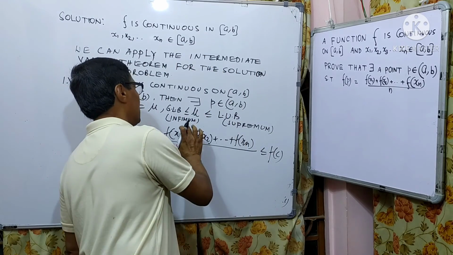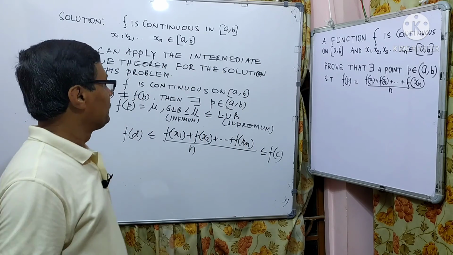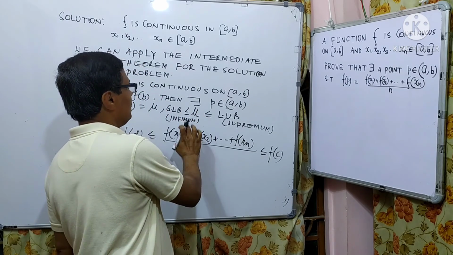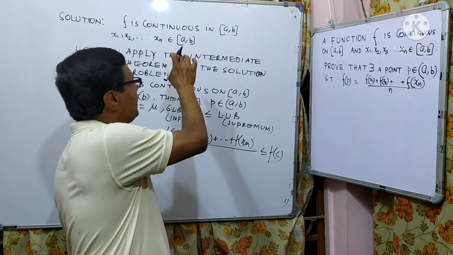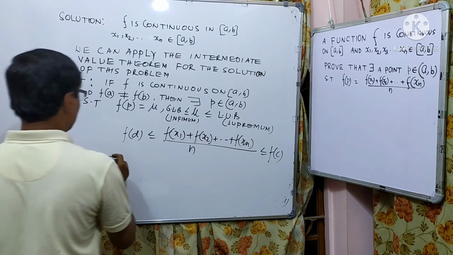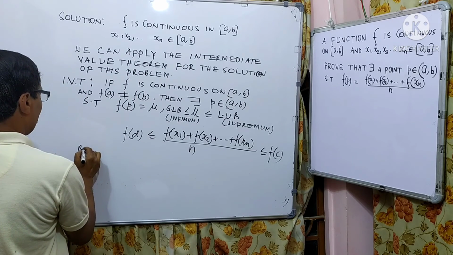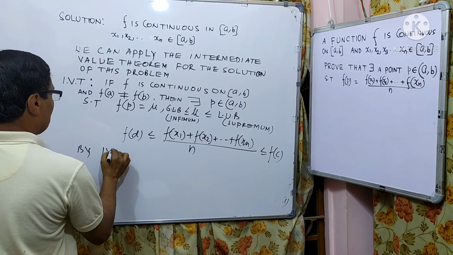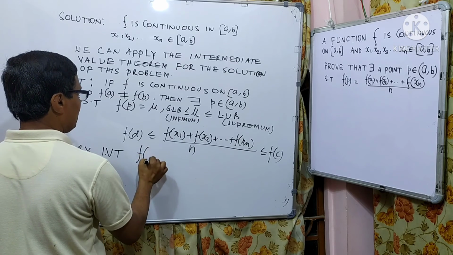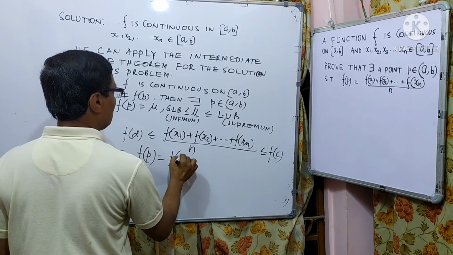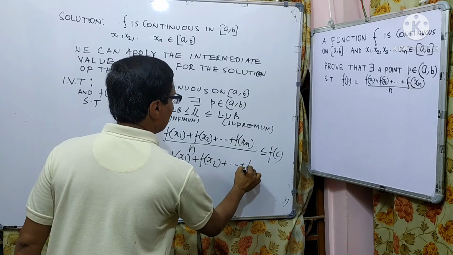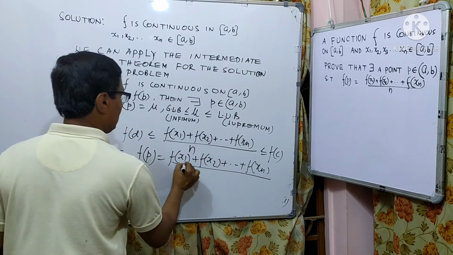And this intermediate value is attained by this function. From this theorem, we can say this intermediate value is attained by this function in this interval, say at f(p). So by the intermediate value theorem, f(p) equals (f(x1) + f(x2) + ... + f(xn))/n.